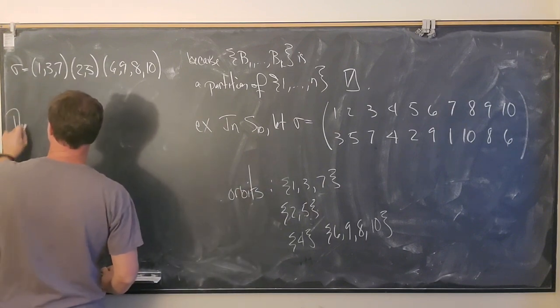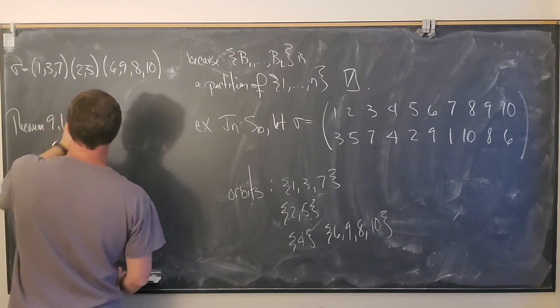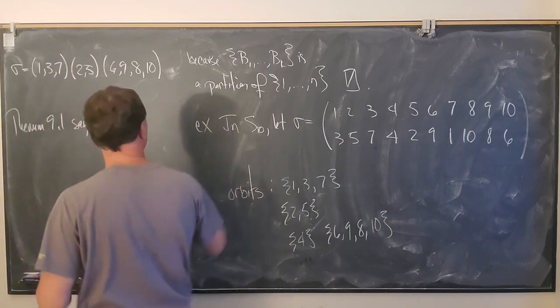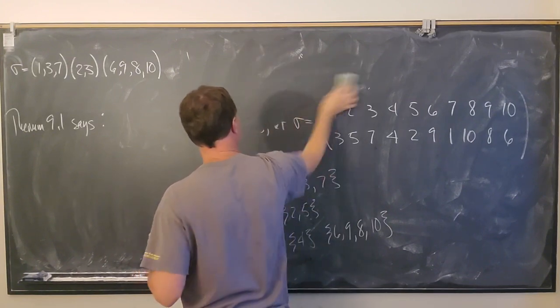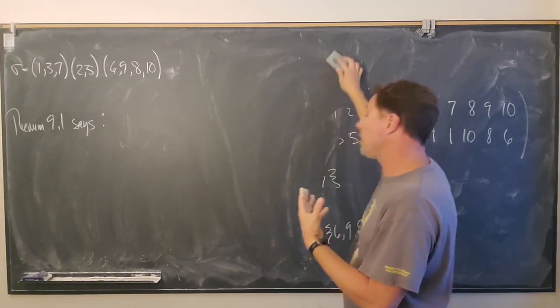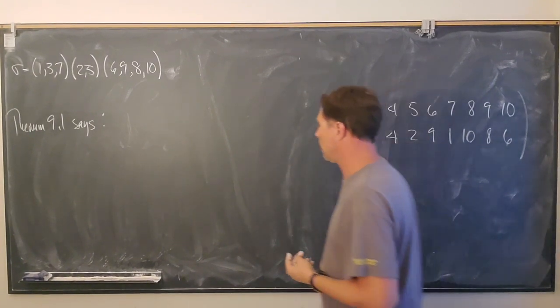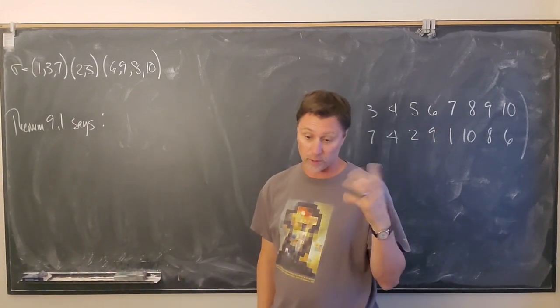So, theorem 9.1 says, what does it say? Well, let's see. Theorem 9.1 says that every permutation, every element of S sub n can be expressed as a product of disjoint cycles, in particular, cycles.